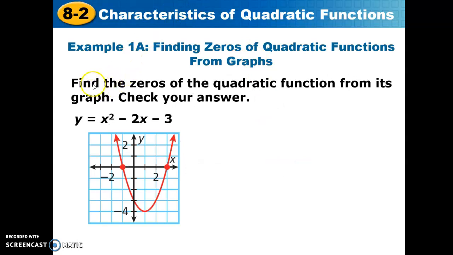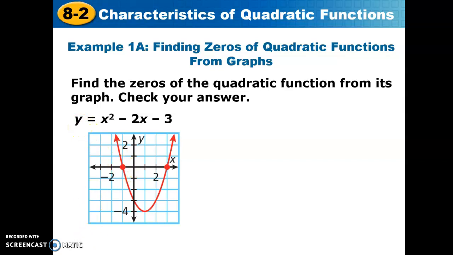So if we look at this graph, we can find the zeros of the quadratic function just from looking at the graph. Then once we find those, we can check our answer. If you can sketch this graph, or if you have graph paper sitting around, you can use that as well.